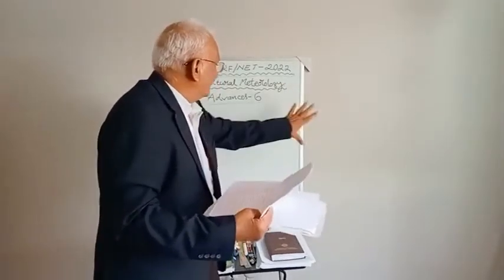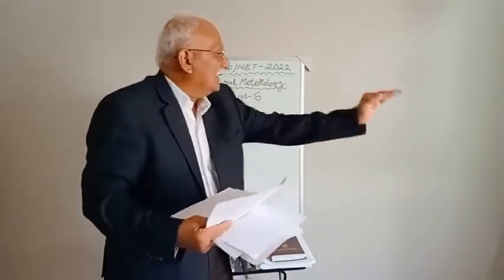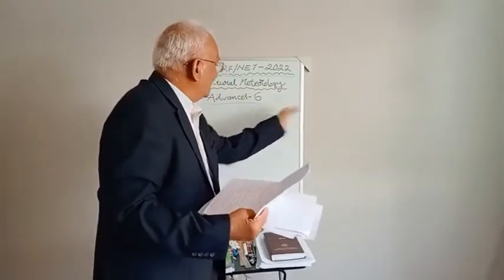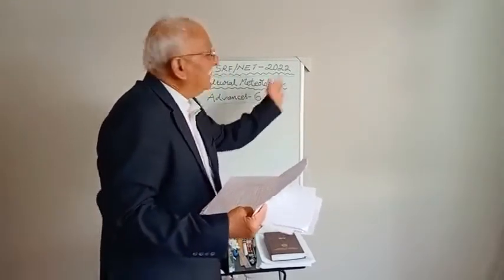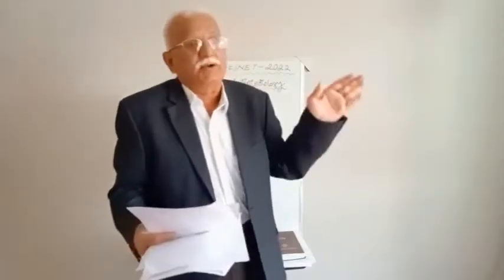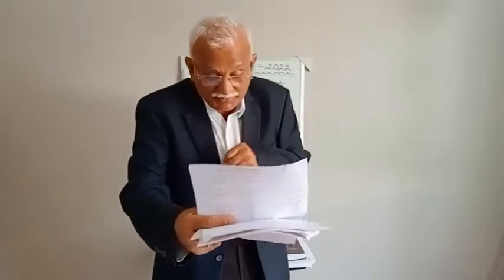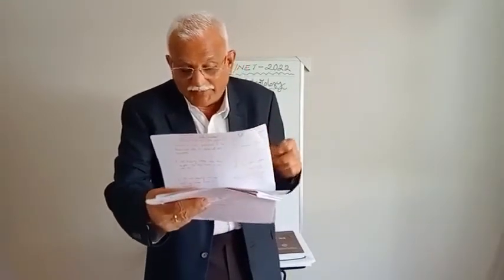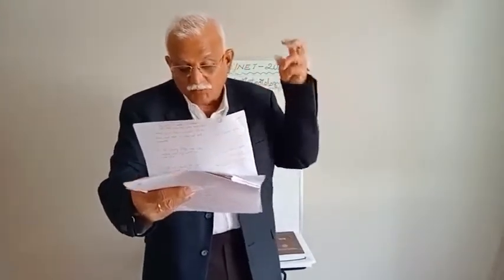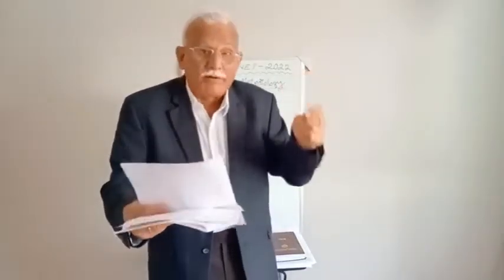Free convection occurs when a convective cycle is produced on or around a body, maybe a blackboard. Because of the temperature difference between this particular board and outside air, this is what we call free convection. Free convection is less effective as compared to forced convection. Now, forced convection occurs when a fluid is forced to flow over or around a body.